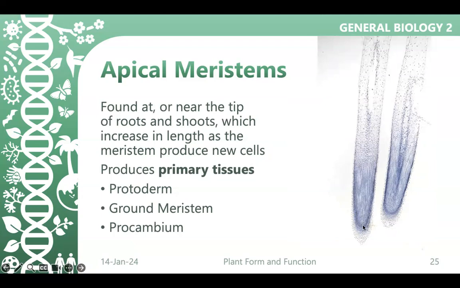So kung ang shoot apical meristem, ang differentiation niya ay pababa, dito naman, ang differentiation ng inyong mga root apical meristem ay paakyat. So as you go up from the root apical meristem, the cells will become differentiated. In this region, it's more differentiated than this region. So from the root apical meristem, paakyat yung direksyon ng differentiation.